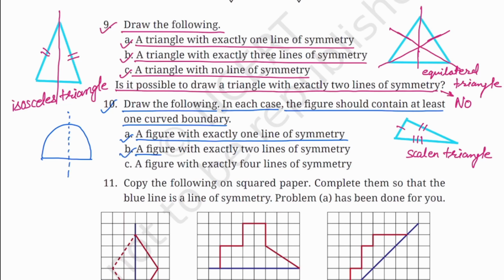B. A figure with exactly two lines of symmetry. For this, you can draw a shape like this. It has exactly two lines of symmetry.